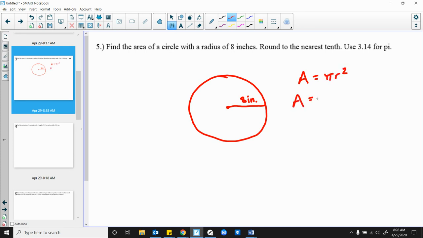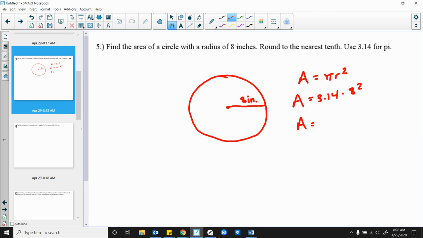So area equals 3.14 times 8 squared. And I'm going to go to my calculator to do that. I'm going to put in 3.14 times 8 squared.